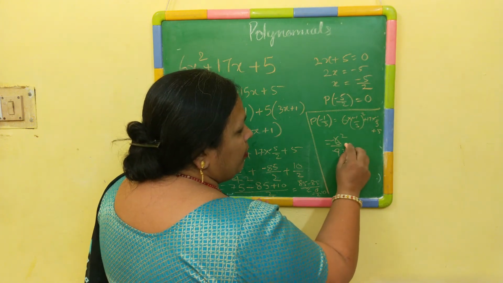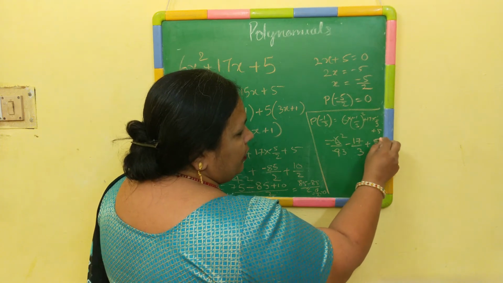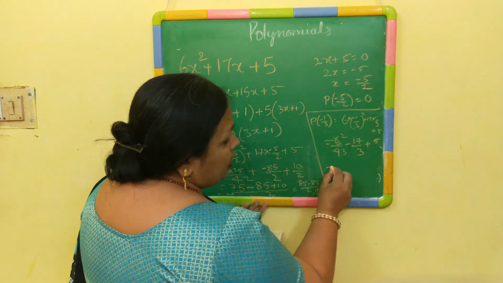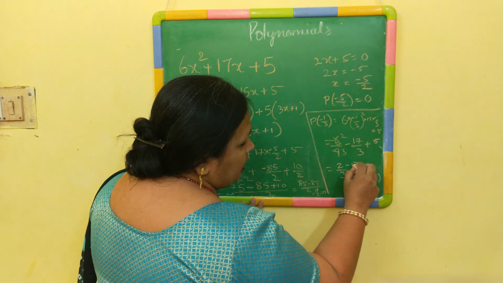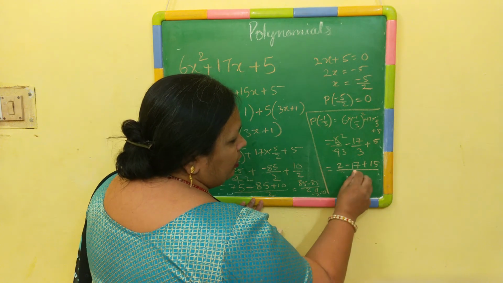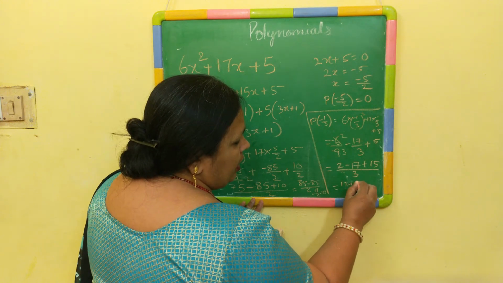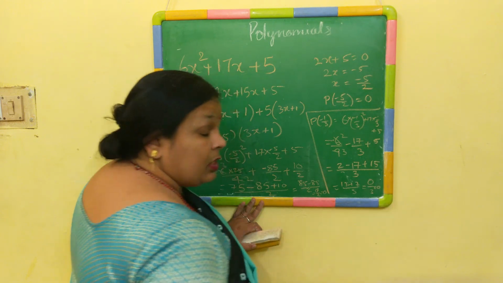So this will become minus 17 by 3 and this is 5. So this is 2 by 3 minus 17 plus 15 by 3, which is 17 minus 17 by 3. 0 by 3 will result in 0.